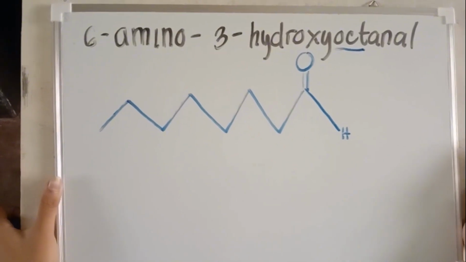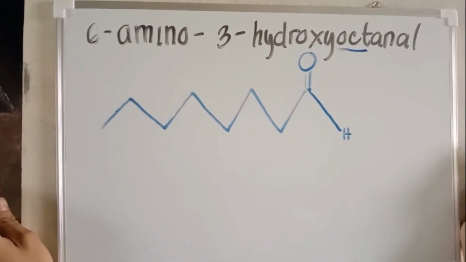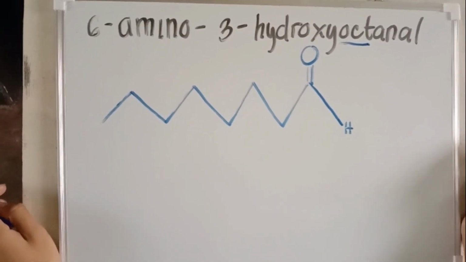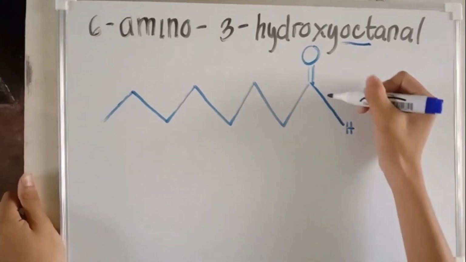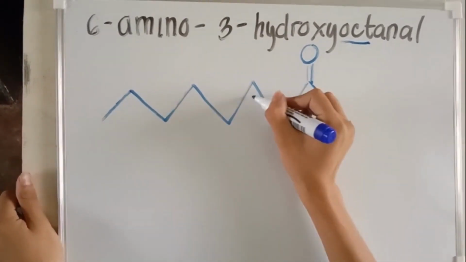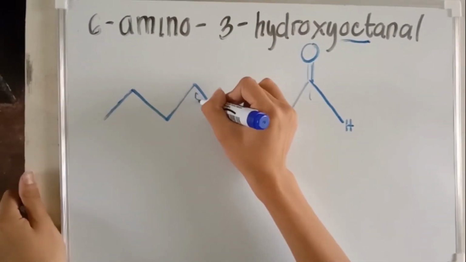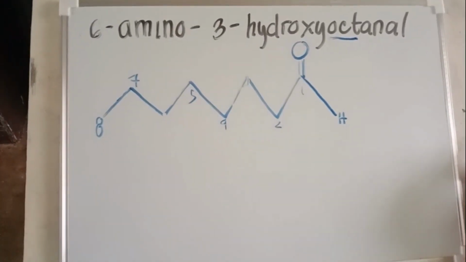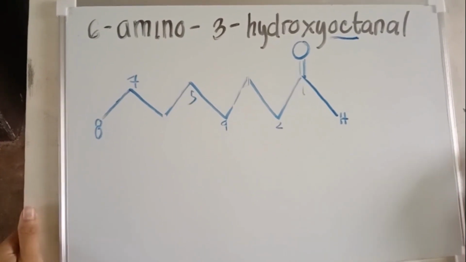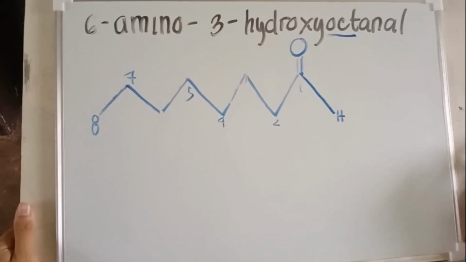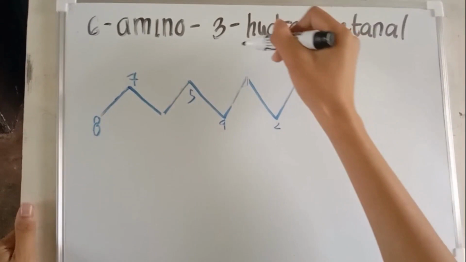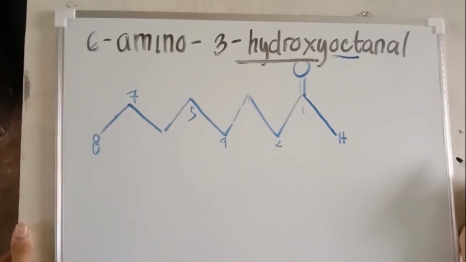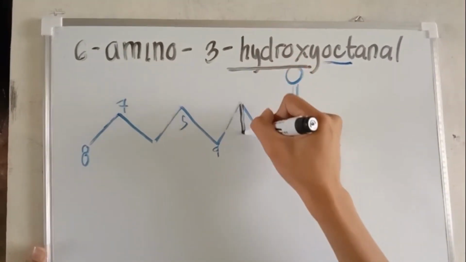Second, we must identify its substituents. Since the substituents are located at the 3rd carbon and beyond, we must count 1, 2, 3, 4, 5, 6, 7, 8. Since this structure has 2 substituents, first we must identify the hydroxy group. Since the hydroxy group is located at the 3rd carbon, we must put it here.